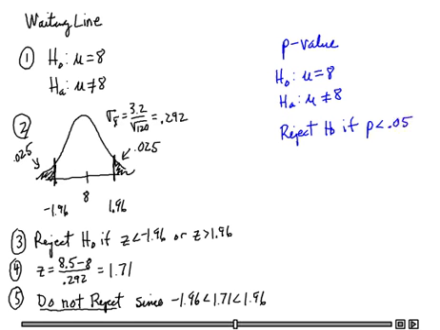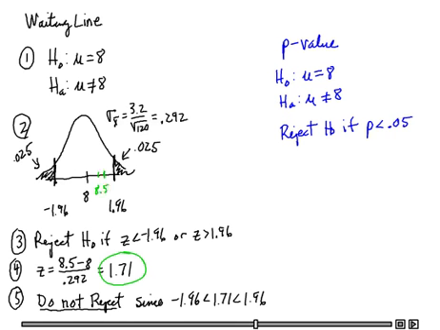Now, to get the p-value, I am going to look at my 8.5 and find its location, which is 1.71. So 8.5 is, let's say, roughly around here.